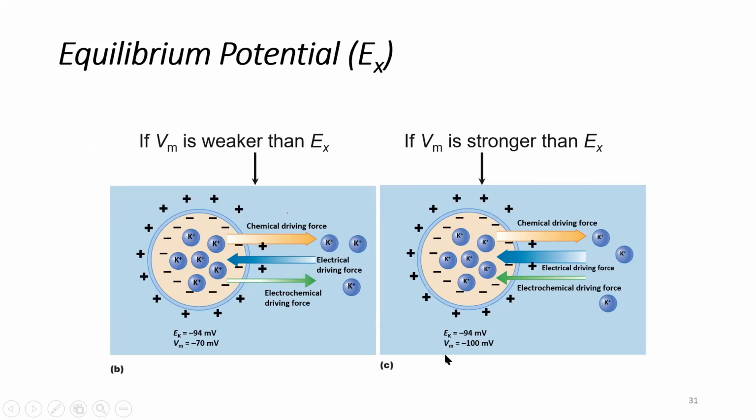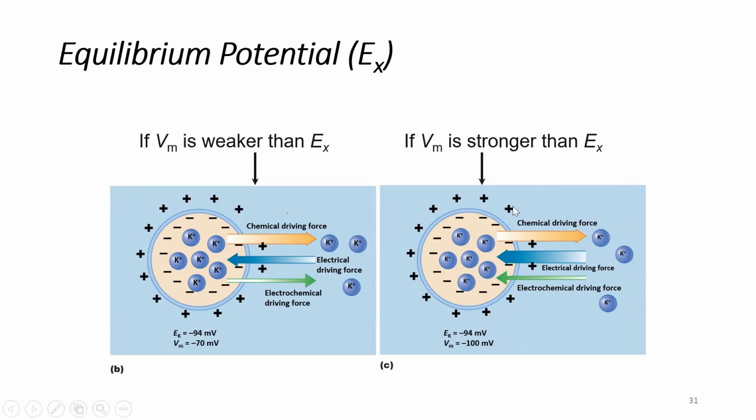And so the membrane potential is now stronger than the equilibrium potential. And so while we have two forces moving potassium in opposite directions, the net direction will favor the direction of the stronger force, which is the electrical driving force, because that is indicative of the stronger value, which is the membrane potential, okay? And so the net direction in this scenario will be into the cell.